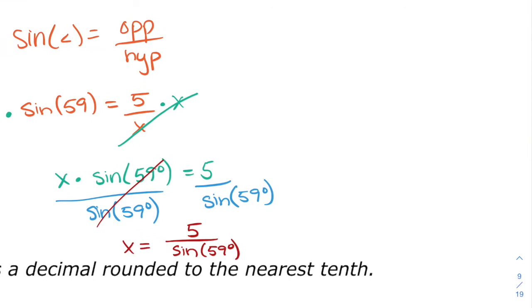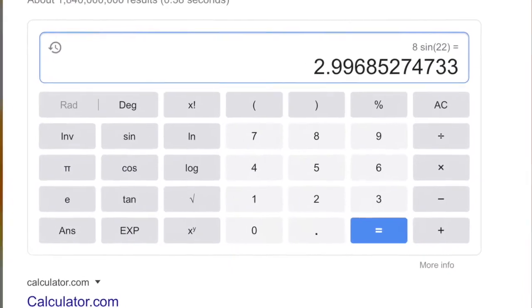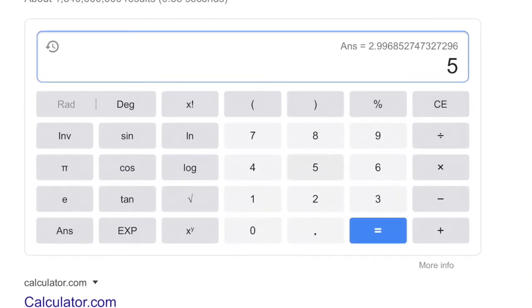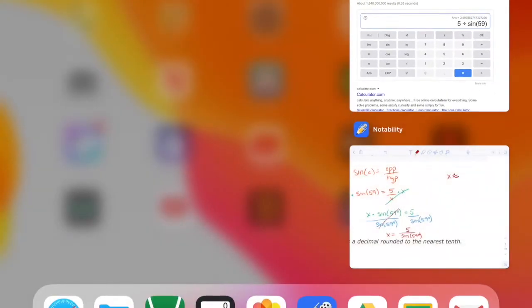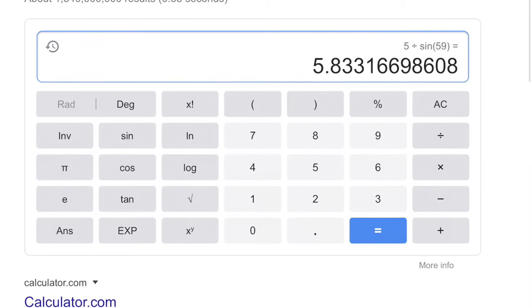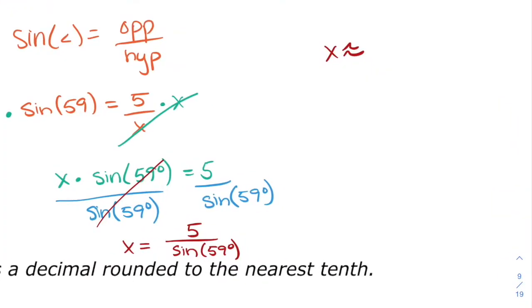So now x is approximately equal to, and I'm going to do in my calculator 5 divided by sine of 59. Was it 59? Yep. I'm going to hit enter. And so my side length, the variable I found, is 5.833.